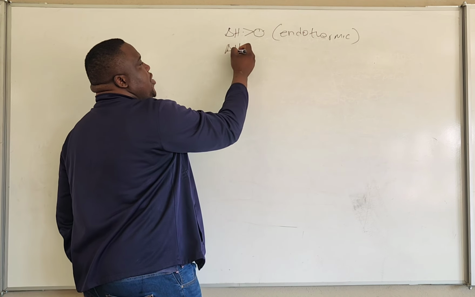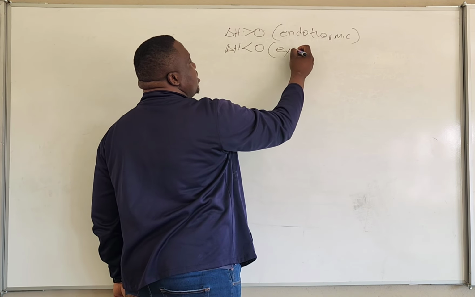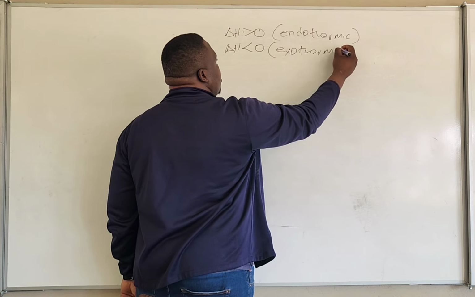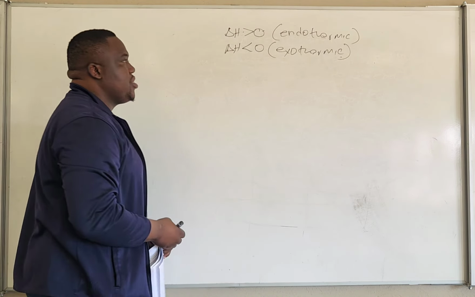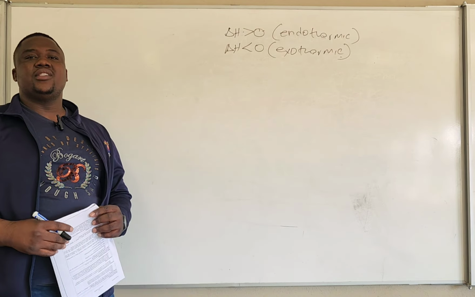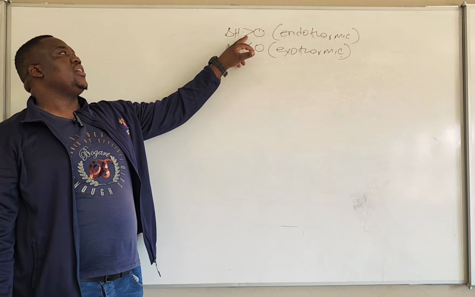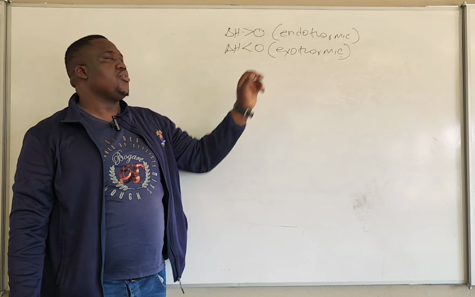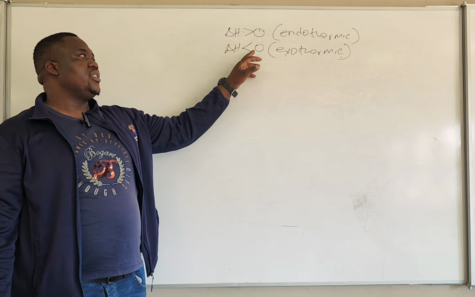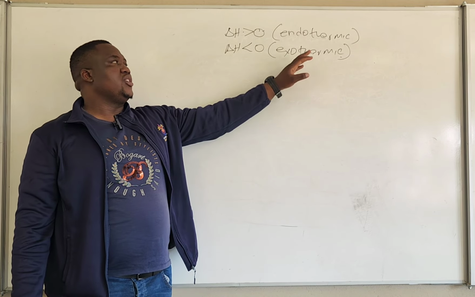When enthalpy, delta H, is less than zero, it means the reaction is exothermic. These are things we need to remember: delta H greater than zero means the reaction is endothermic, and delta H less than zero means the reaction is exothermic.